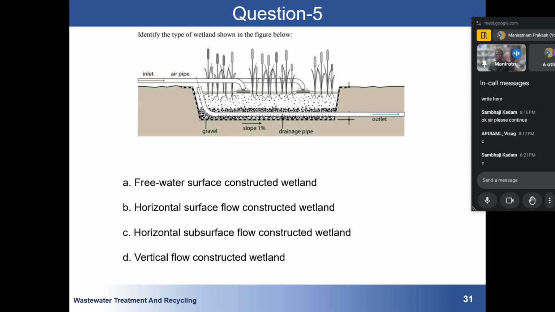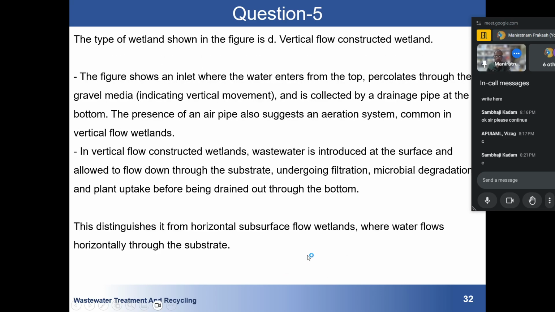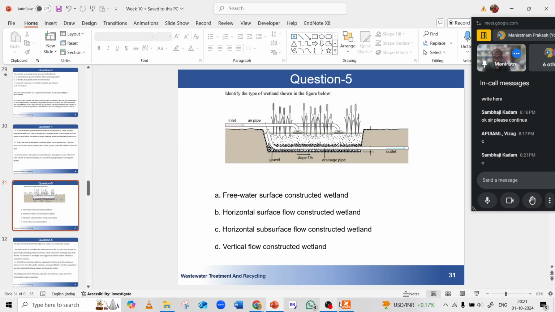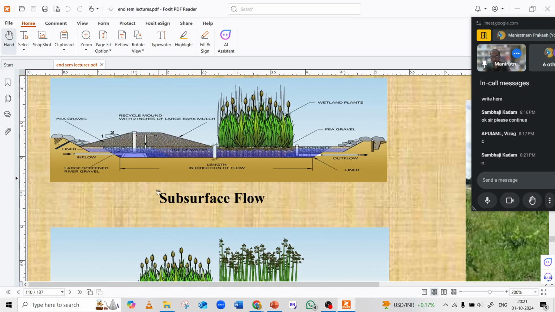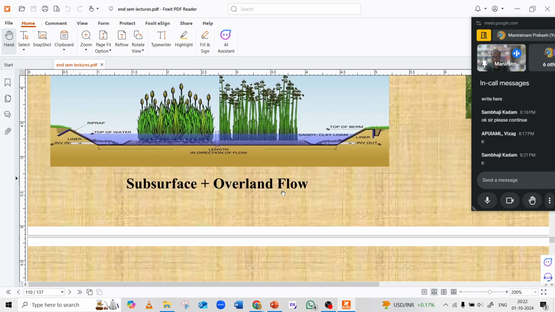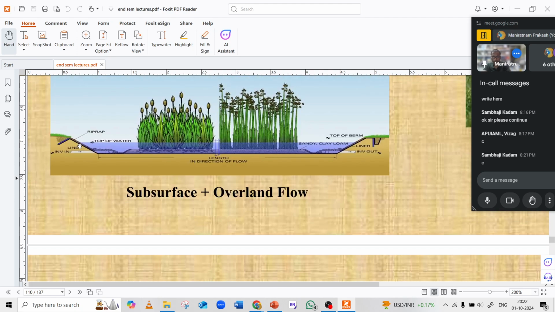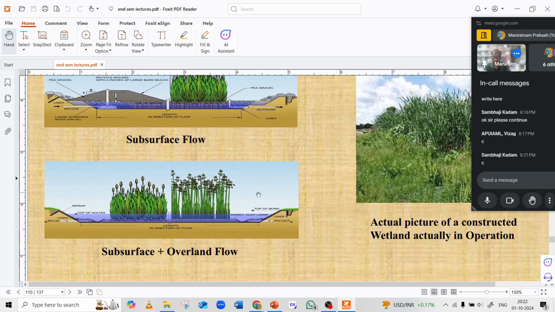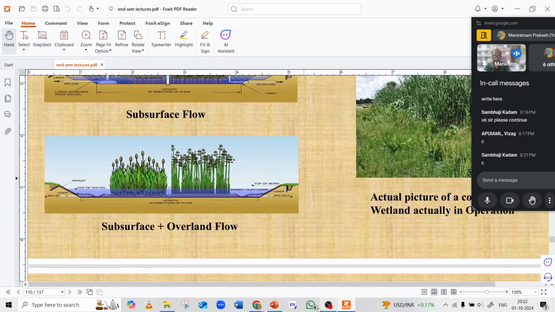See, horizontal subsurface flow constructed wetland. Okay, let's see. It is D. You can see subsurface, I have shown you, looks like this. Water is coming from here and going from here. Inlet is there, and water is going here. And I have also discussed vertical flow.